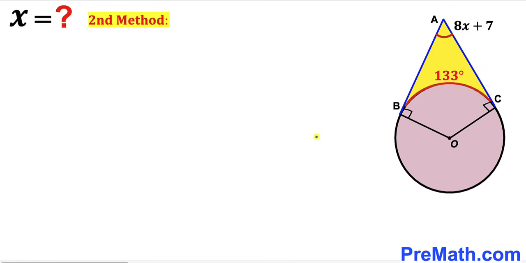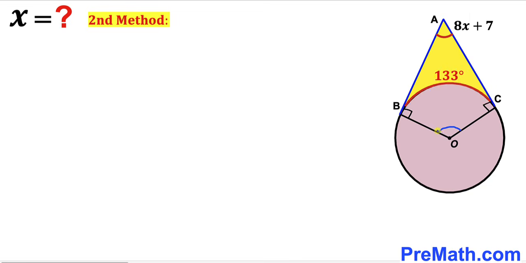Now let's make an observation. We can see that this angle BOC is our angle at the center, and this angle at the center is going to be equal to the whole arc BC, which is 133 degrees.